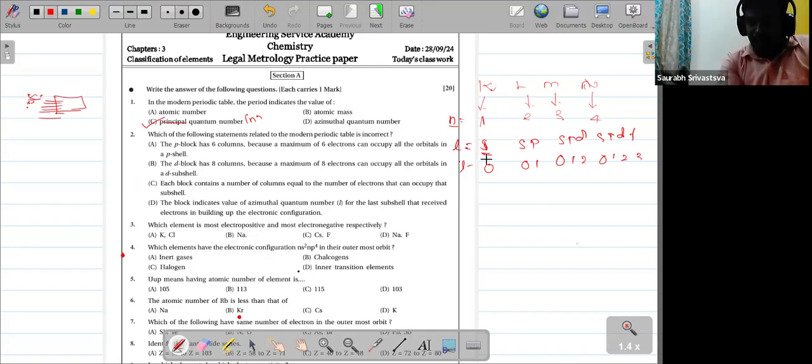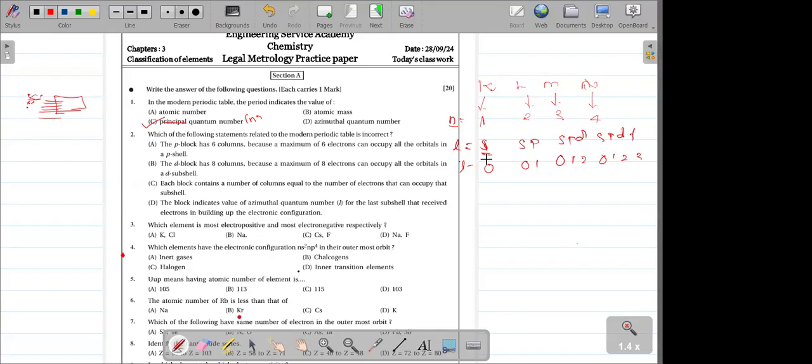The L value will start. Principal quantum number. It is 1.